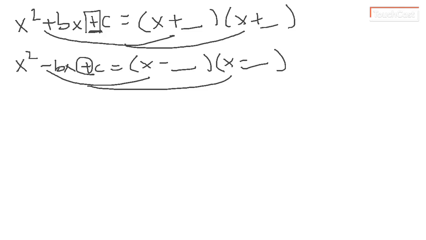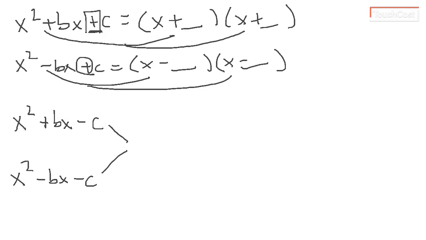Now where it gets a little bit more tricky is if I have x squared plus bx, and this last number is a minus c, or if I have x squared minus bx minus c. Both of these are going to factor to something like x minus a number times x plus a number.